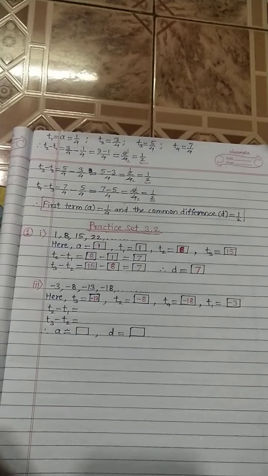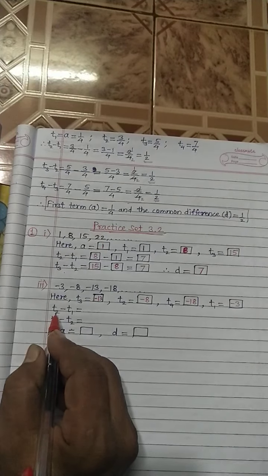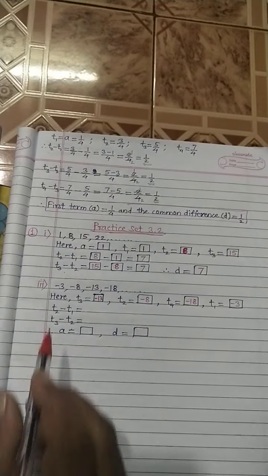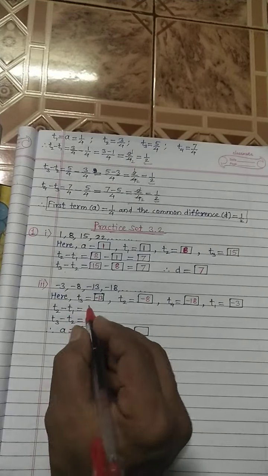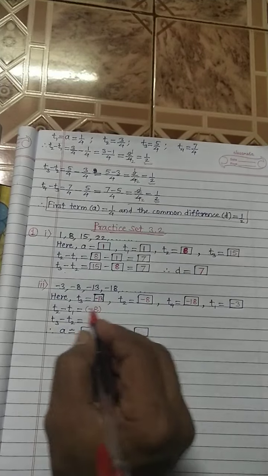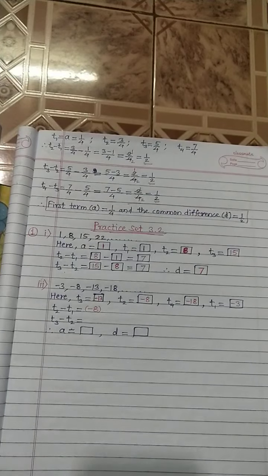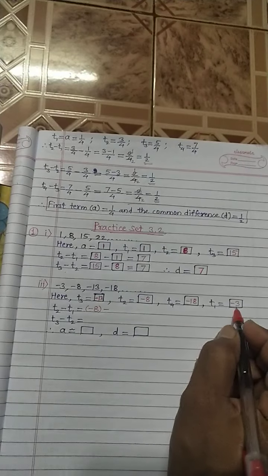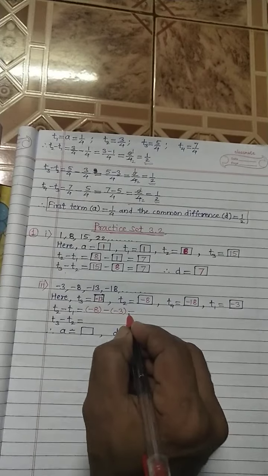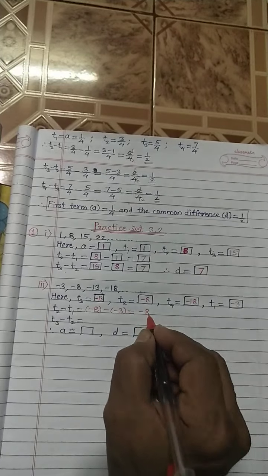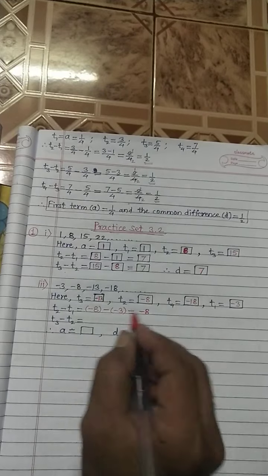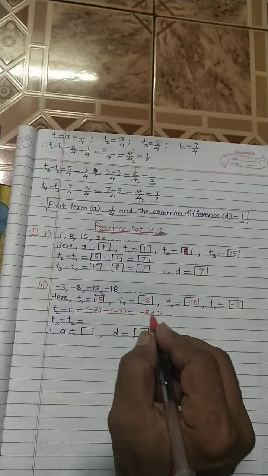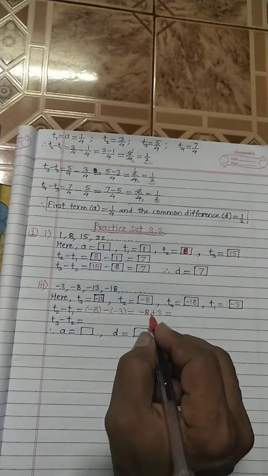Got it? Now we have to find the difference between any two consecutive terms of the AP. So T2 minus T1. T2 is minus 8, minus T1, which is minus 3. So minus 8 plus 3. Here the signs are different, so we have to subtract them.